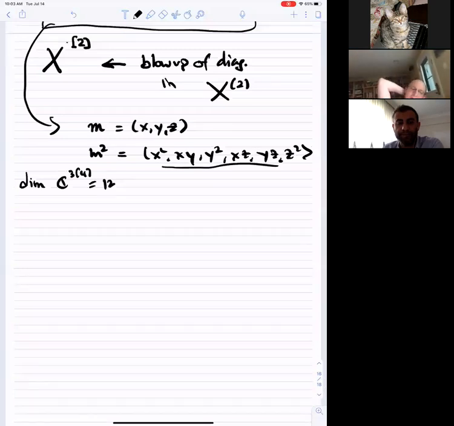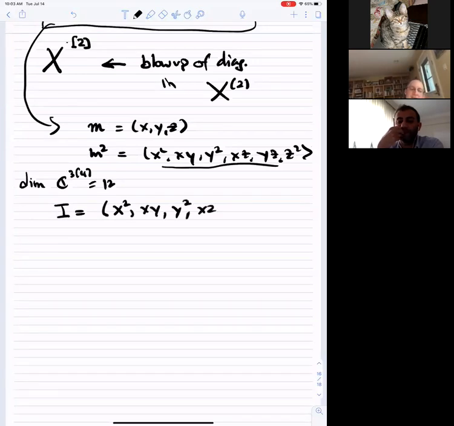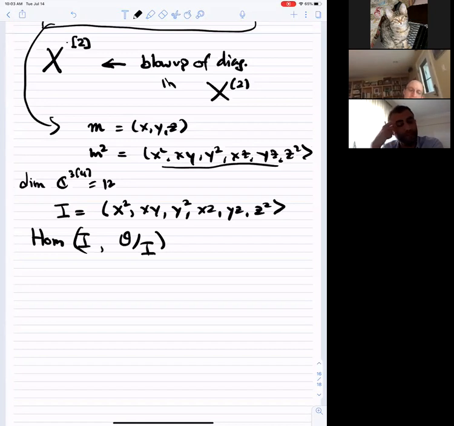So let's see what it looks like. I is generated by, let's compute the dimension of the tangent space, x squared, xy, y squared, xz, yz, z squared. I need to give you a homomorphism from I to O mod I, a graded k[x,y,z] homomorphism from this thing to this thing.